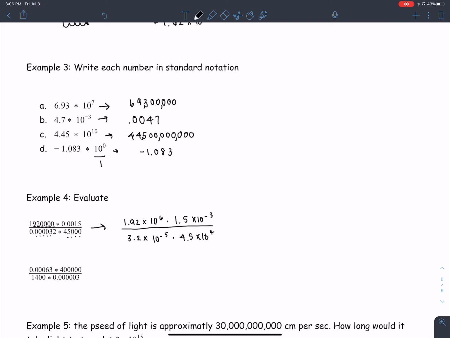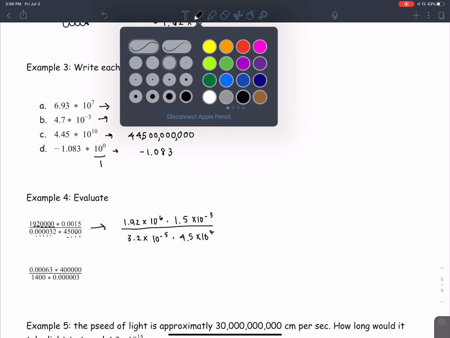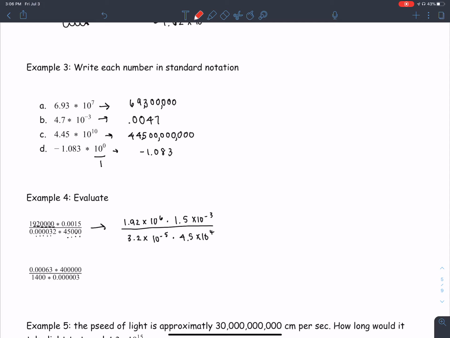Now when we do this, we're going to multiply the coefficient numbers, like 1.92 and 1.5, and I get 2.88 times 10 to the, now when we multiply like bases, we add, but that would be subtracting because one is negative, so 10 to the third. Over, I get 3.2 times 4.5, 14.4, times 10 to the negative 1. Now I'm dividing.